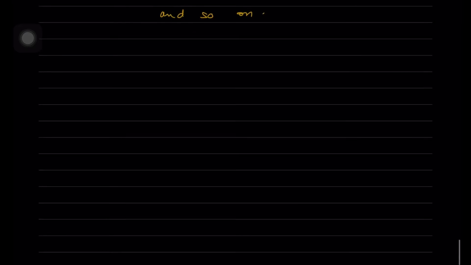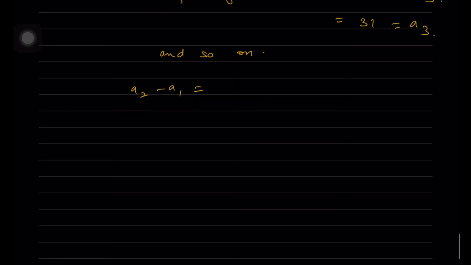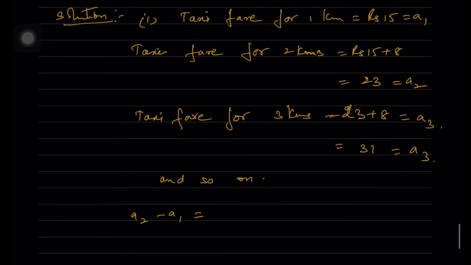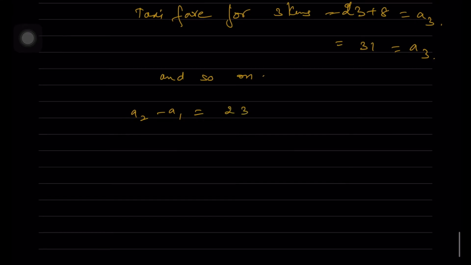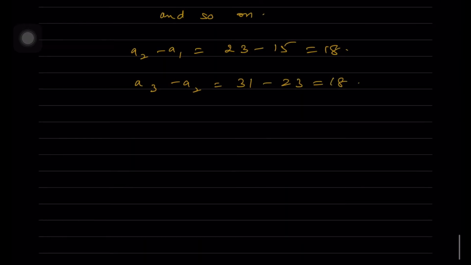So therefore, A2 minus A1 is equal to 23 minus 15, which is equal to 8. A3 minus A2 is equal to 31 minus 23, which is equal to 8. That is, A(n+1) minus An is constant.